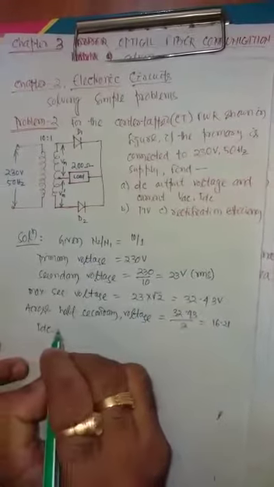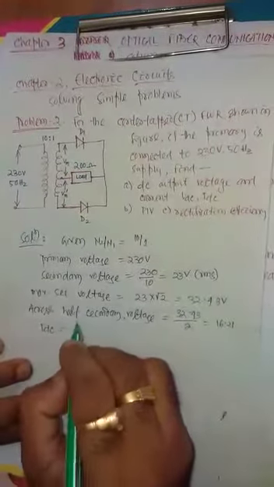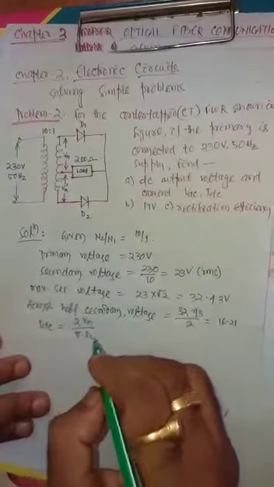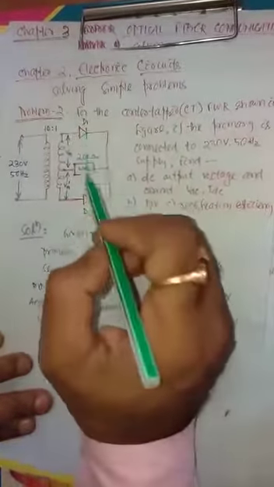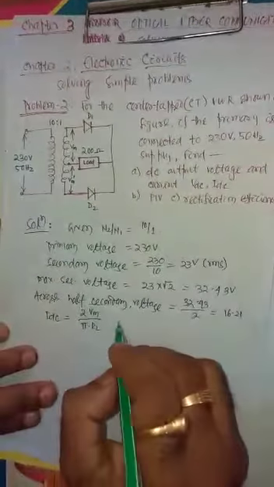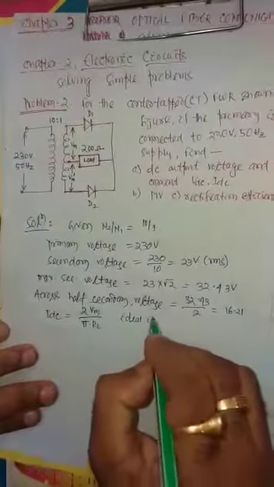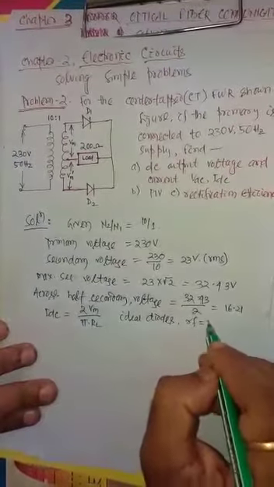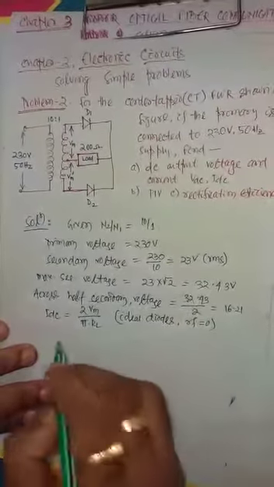The DC value IDC is 2 Vm by pi into RL. Here we have taken both diodes, D1 and D2, to be ideal diodes. Therefore RF equal to 0. This assumption we have made.